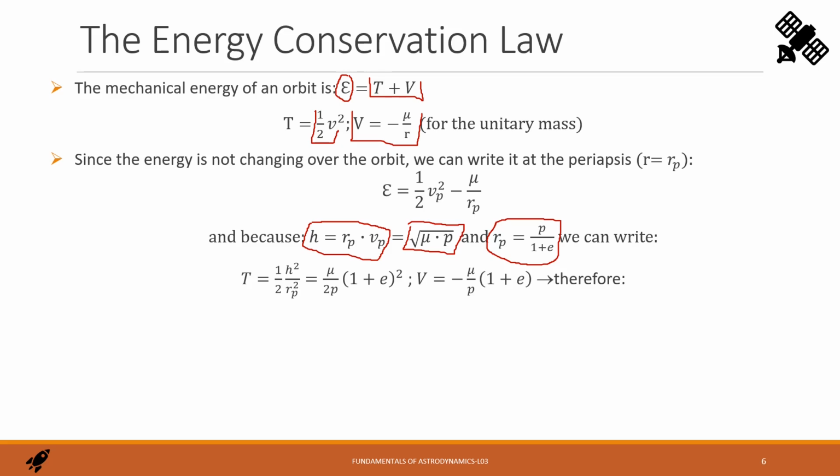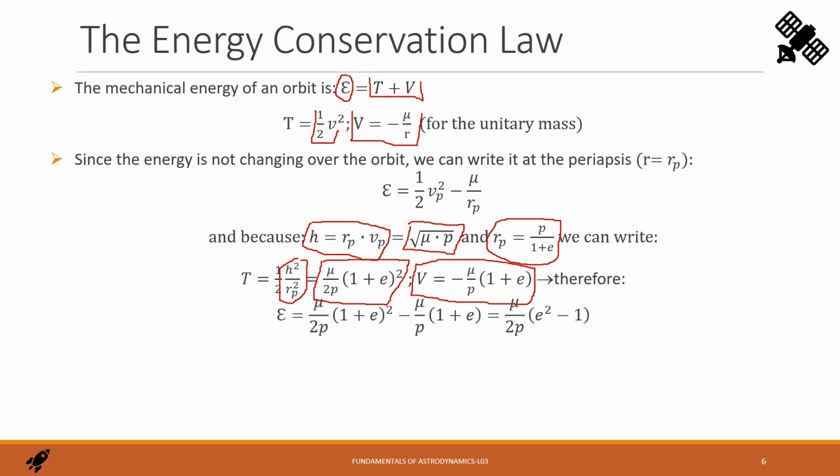Finally, in the kinetic energy, we can write h over rp in place of v, and it turns to this expression by replacing the trajectory equation. Likewise, we can express the potential energy as a function of p and e.